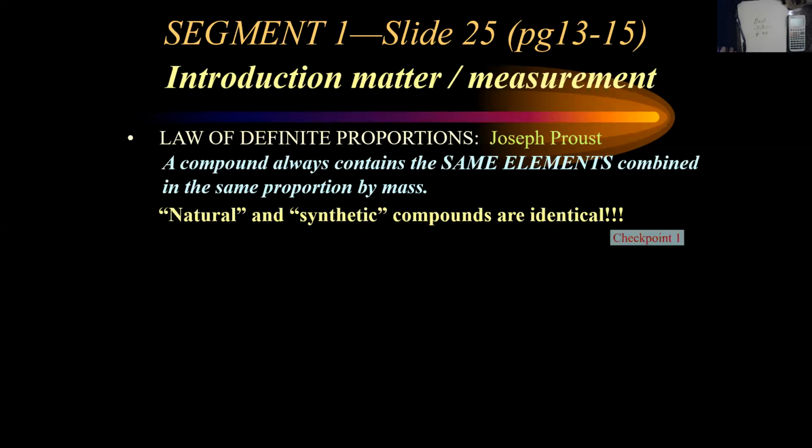We've talked about the fact that natural and synthetic compounds are identical. It really doesn't matter what the source is. For example, aspirin is a compound called acetylsalicylic acid. If Dow Chemical makes aspirin synthetically in the lab, or you take willow bark and extract the compound from that, it still will help a headache no matter which one you use.